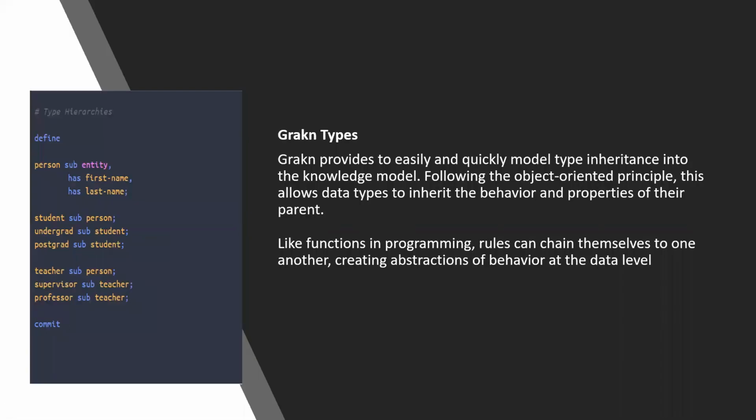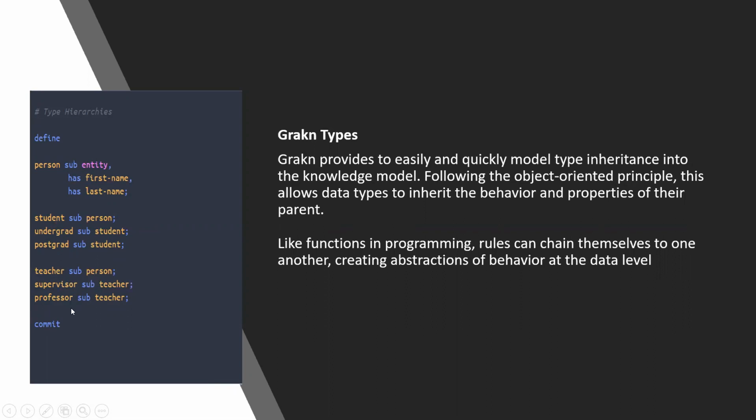If you look at the types, as I told you, let us say my person entity has two fields, these attributes, first name and last name. Student is another entity, part of person, and undergrad is another entity and part of student, and postgrad is another entity part of student. Teacher is also another entity of person, and supervisor is another entity of teacher.